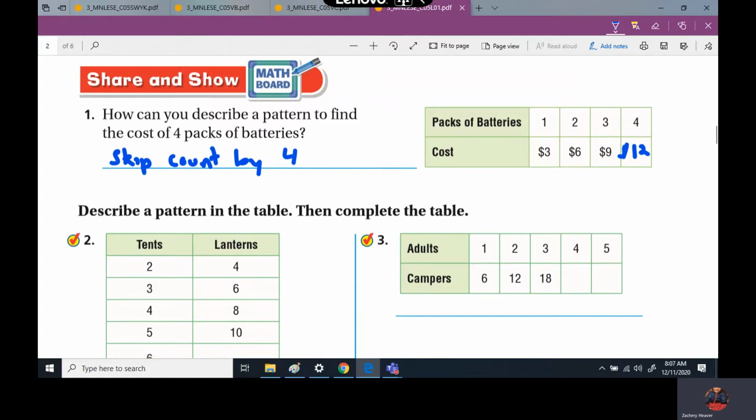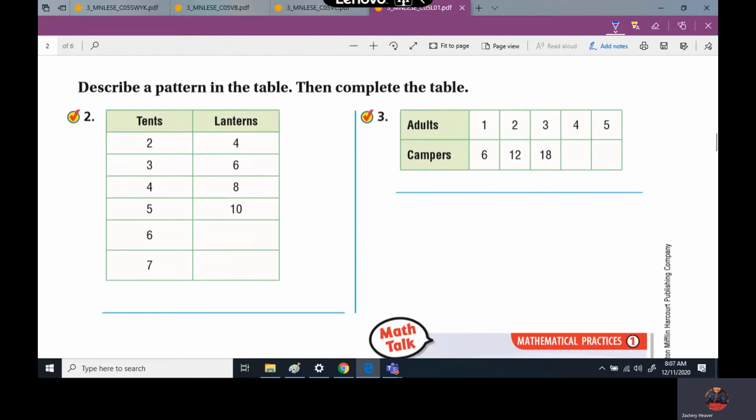Okay. So the next one, 2 for 4, 3 for 6, 4 for 8, 5 for 10. 4, 6, 8, 10, 12, 14. So skip counting by 2s.